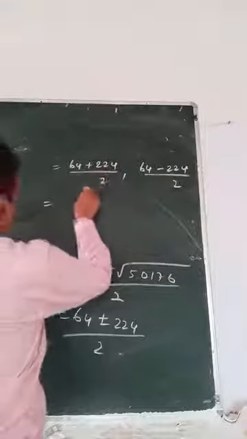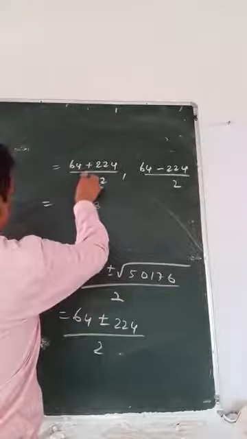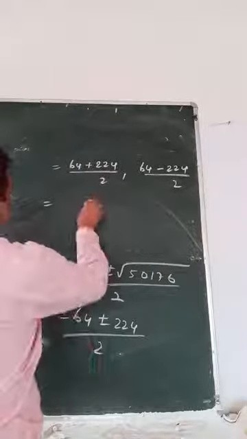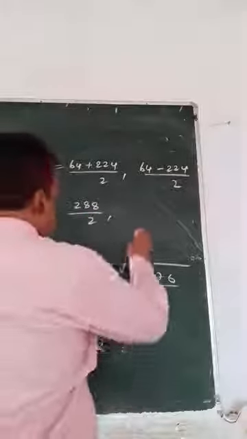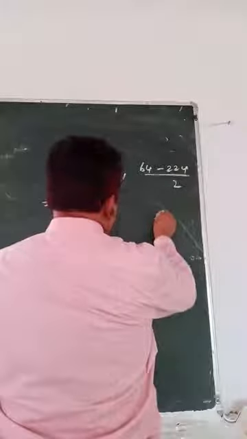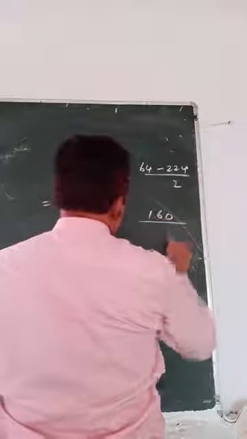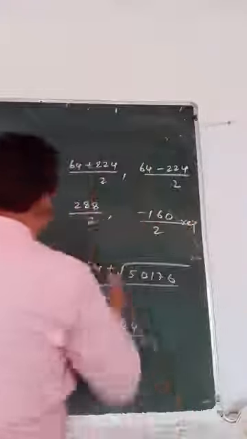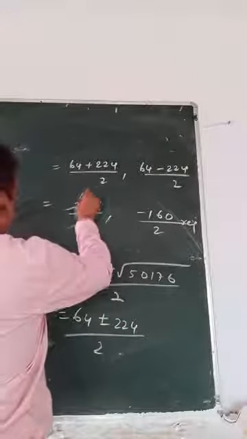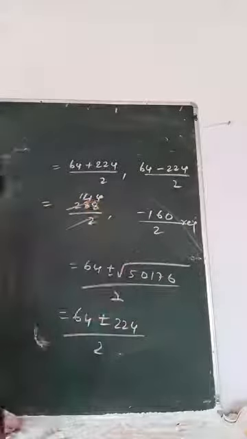So the first is 288 by 2, which is 144. The second is negative by 2, and negative is rejected.